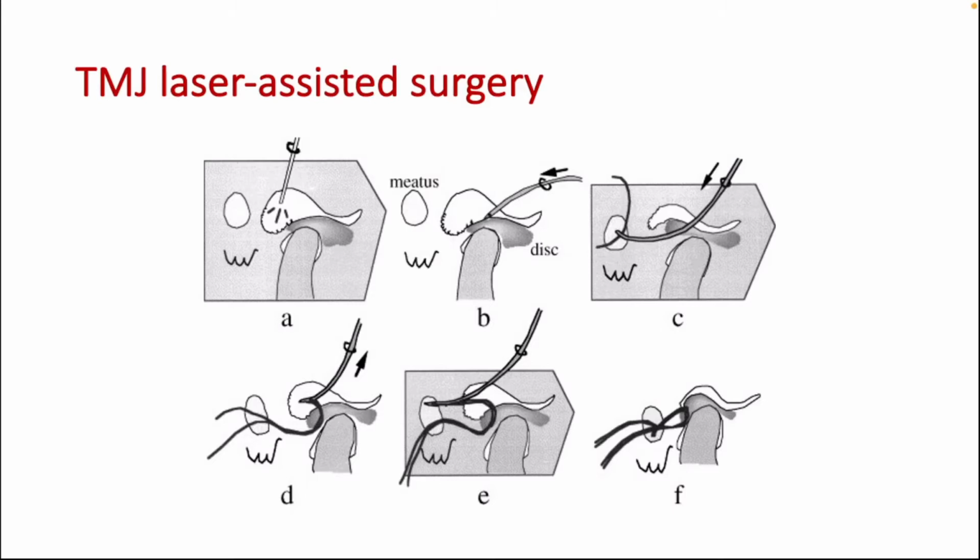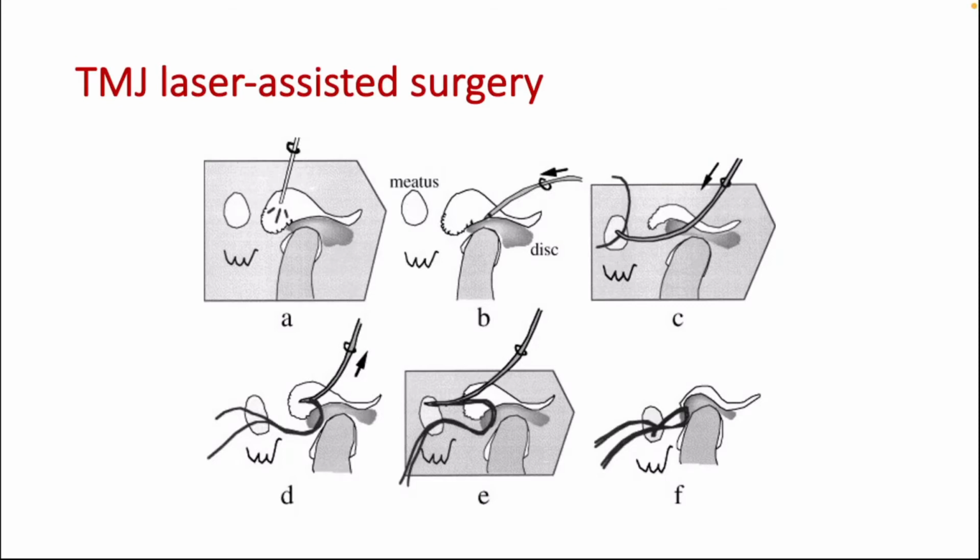TMJ laser assisted surgery. Arthroscopic surgery has become the treatment of choice for internal derangements of the temporomandibular joint, and other procedures like discectomy and discoplasty using carbon dioxide laser and other more complicated lasers.